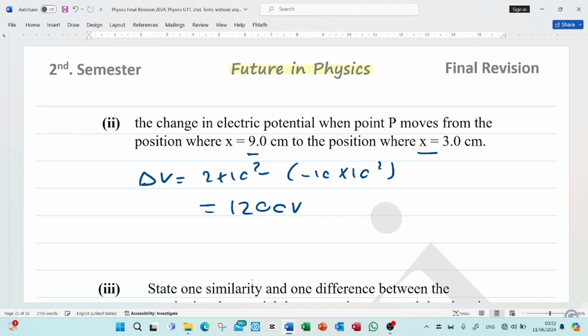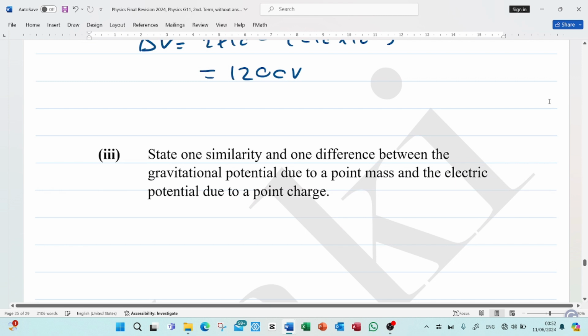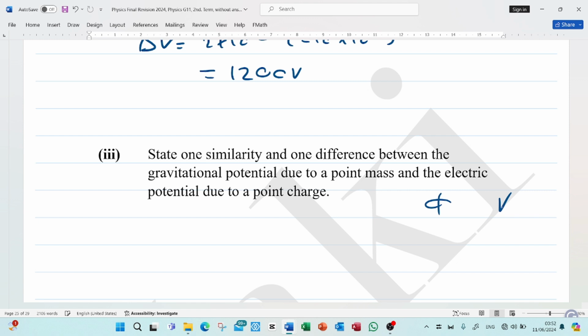Now, state one similarity and one difference between gravitational potential due to a point mass and electric potential, phi and V. Phi is always negative, but V may be positive or negative.